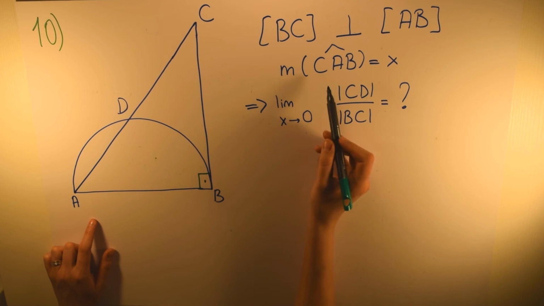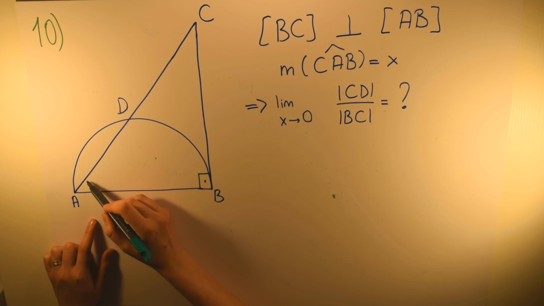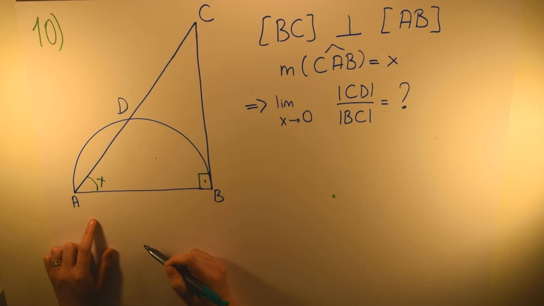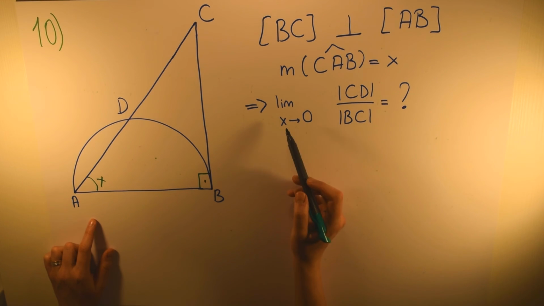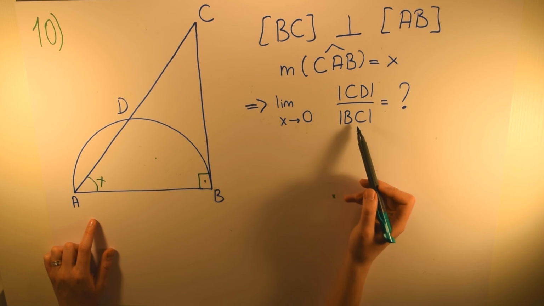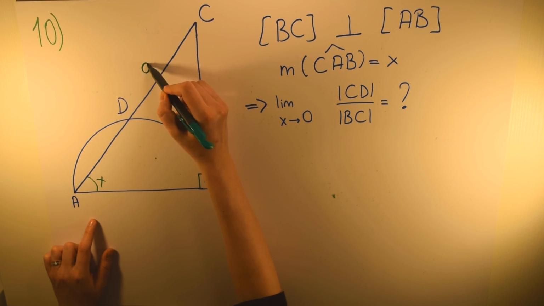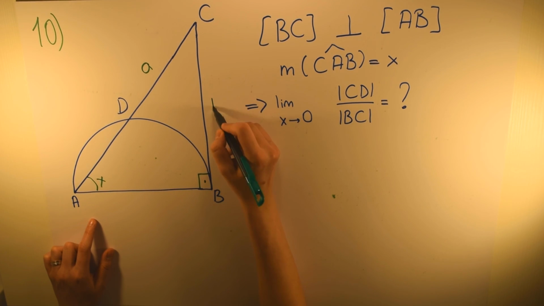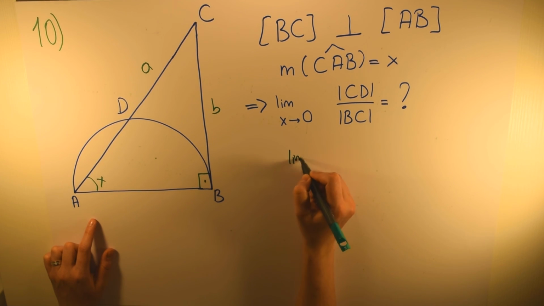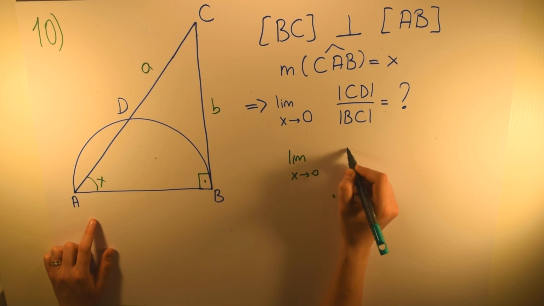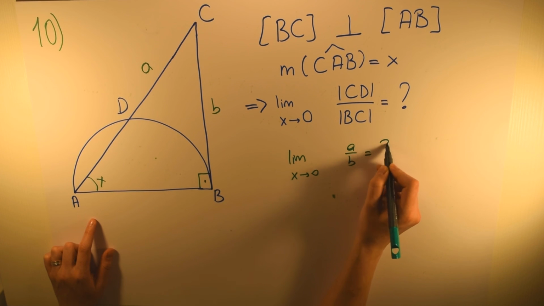And we have here CAB, so we have here angle x. Let's say this CD is equal to A and this BC is equal to B. So limit as x approaches 0, A over B is our question.